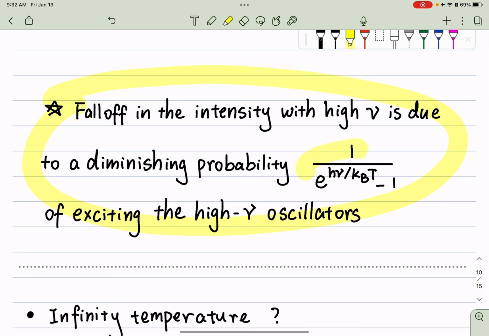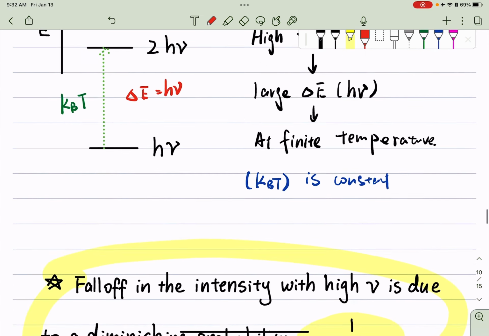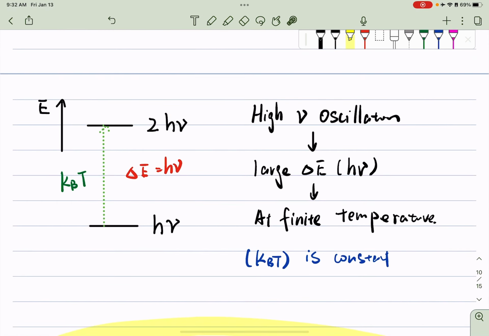This term here is a probability term of exciting the high frequency oscillators. The higher your oscillator frequency is, the more energy it requires to be activated, and the less likely it will be activated at a given temperature.